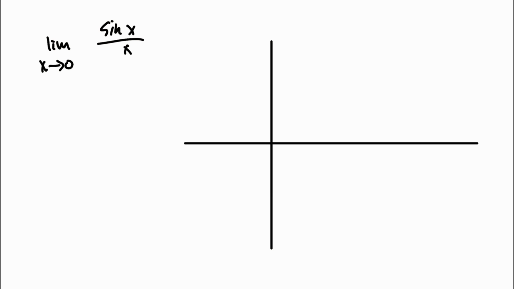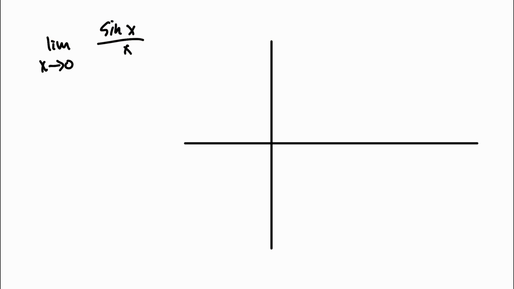Now let's take a look at the sine limit. The sine limit basically wants to find the limit value as x approaches 0 of sine x over x. We can take an intuitive feel about it using the sine graph, if you know about it.